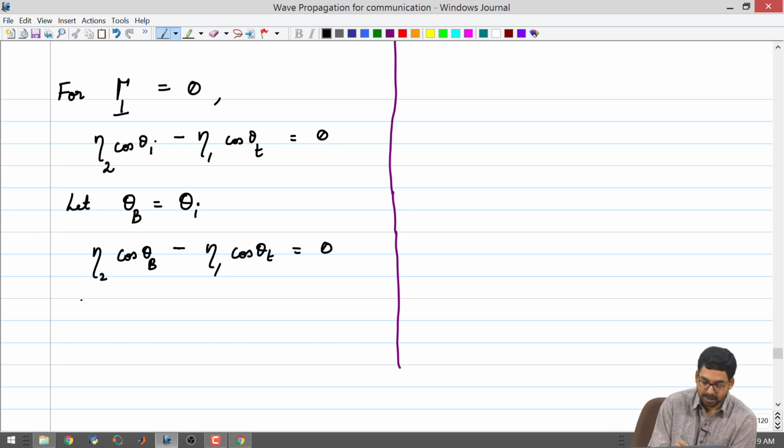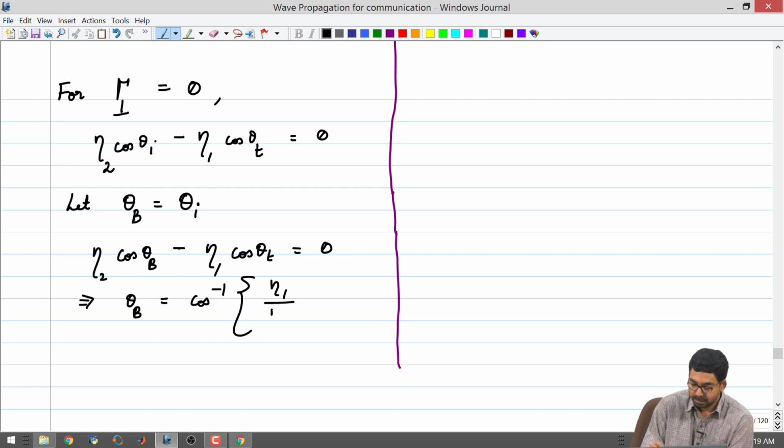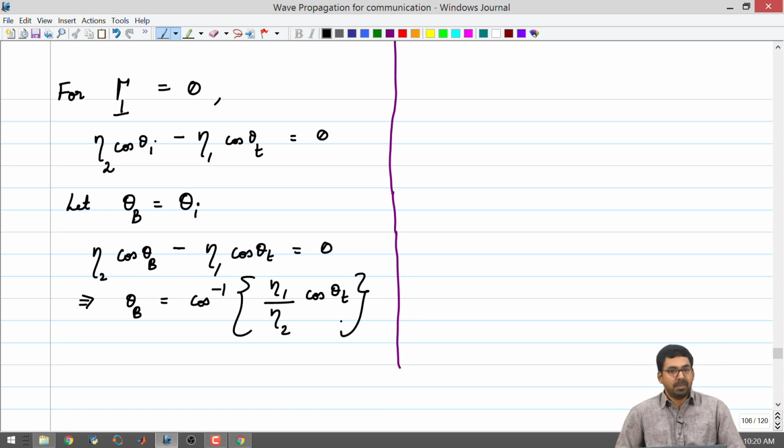So, let us go ahead and write it down. You take cosine theta t multiplied with the ratio of the intrinsic impedances and you take the inverse cosine. That is the criterion that we need to satisfy at the incidence in order to get no reflection. So, this particular angle is known as Brewster's angle.